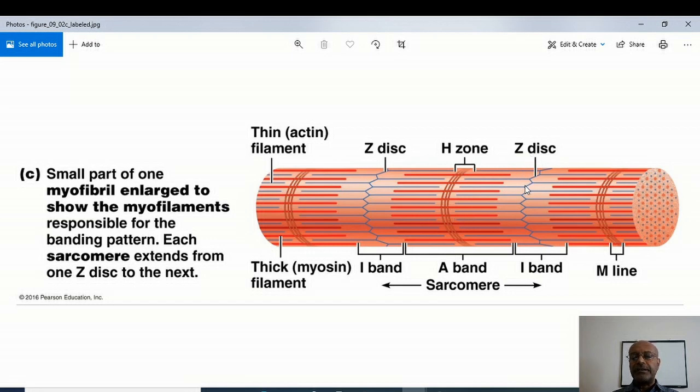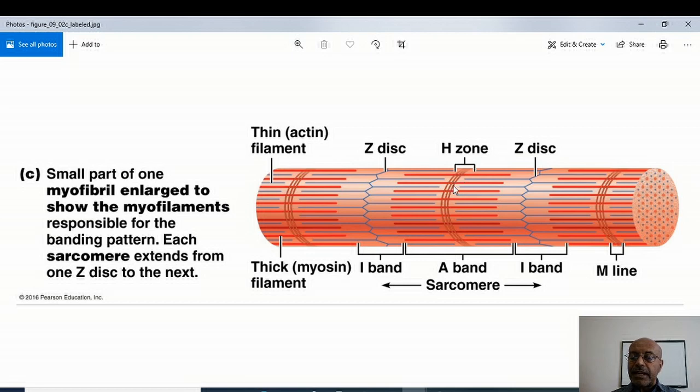You already have noticed the Z disc or Z line, and the M line is this one. By the way, the part of the sarcomere where you have only thick filaments without overlap, by the way, the A band consists of both the parts where there is overlap and where there is no overlap.